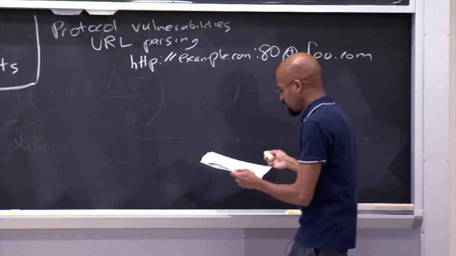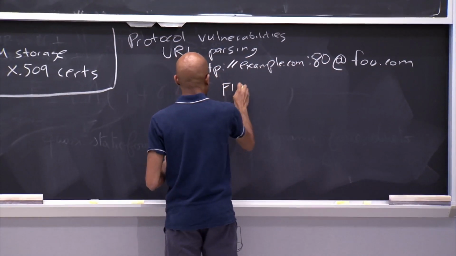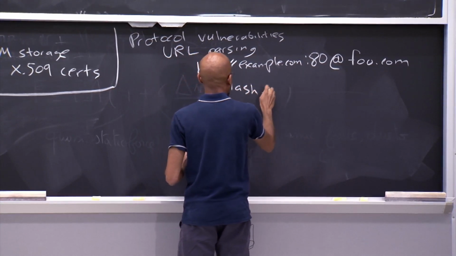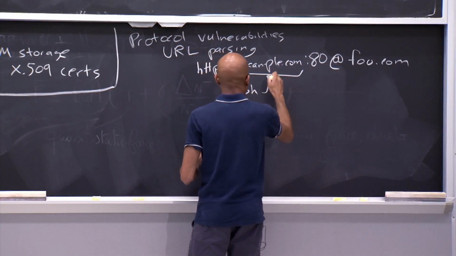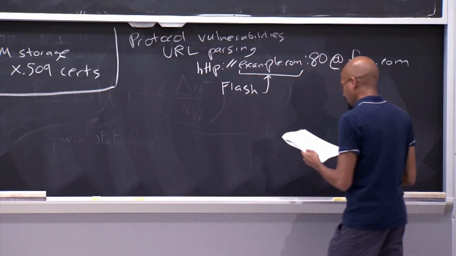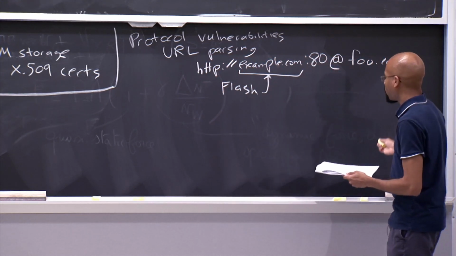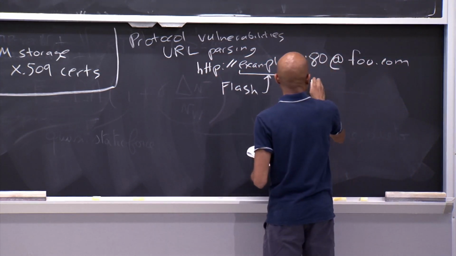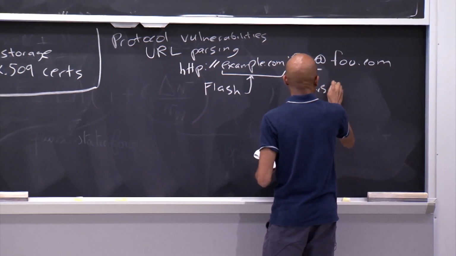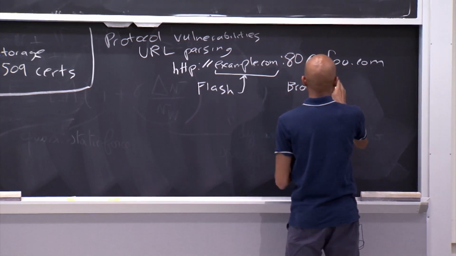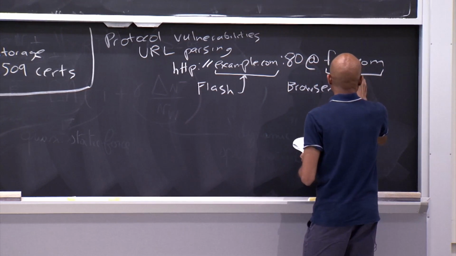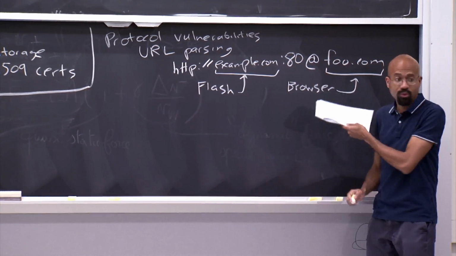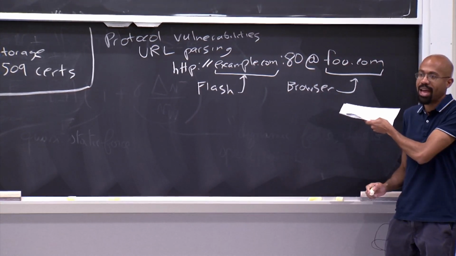As it turns out, Flash would say that the hostname portion of this was example.com. However, when the browser would parse this, it would say that the hostname part of the origin was actually foo.com. So this is clearly a bad thing, right?